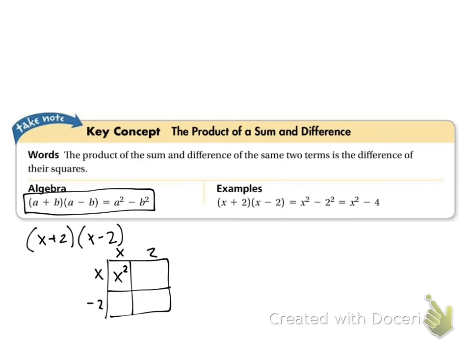That gives us x squared, 2x, negative 2x, that's minus 4. So this would be x squared plus 2x plus a negative 2x plus a negative 4. If we combine these two middle terms, 2x minus 2x is just 0. So this turns into x squared minus 4. That's where we get the a squared minus b squared. Those two middle terms that we always have to add when we're multiplying disappear.